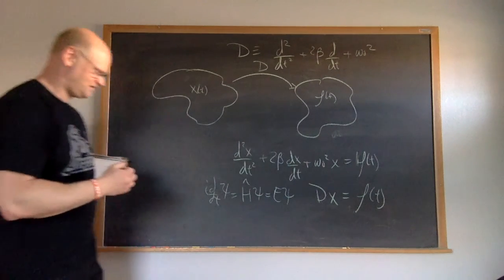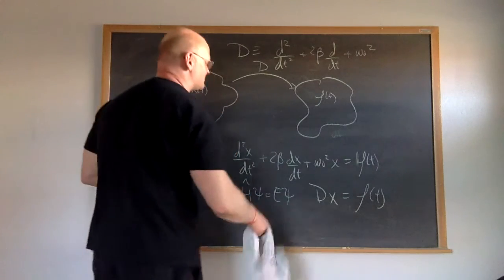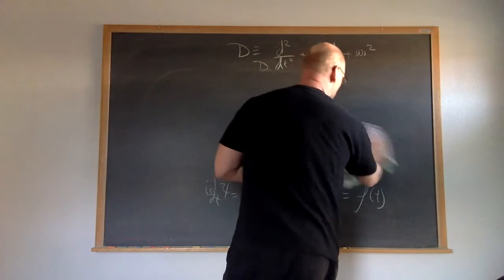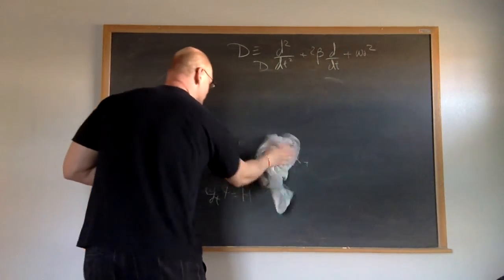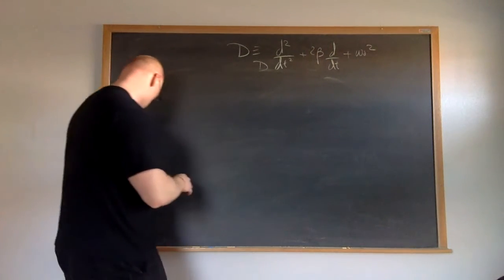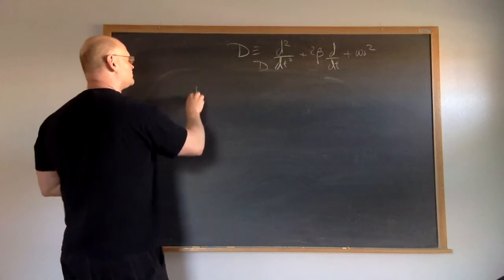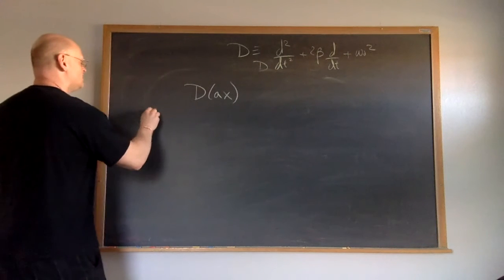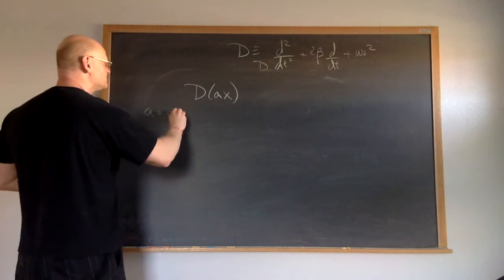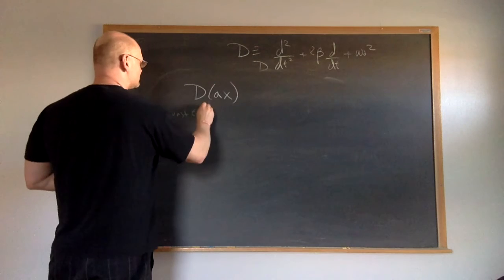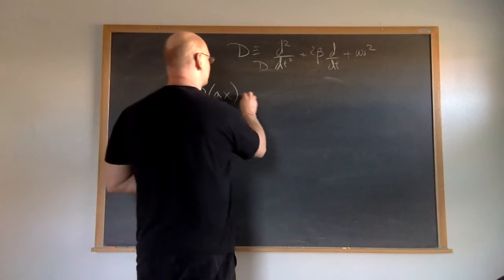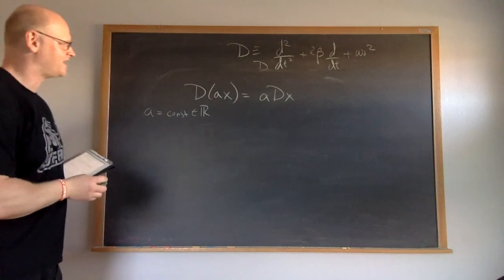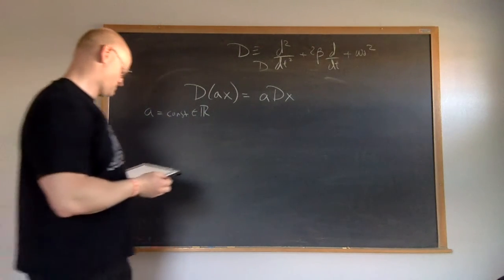Now, the nice thing about differential operators is they satisfy particular properties, and those properties have to do with linearity as well as superposition. For example, if I take my differential operator and act onto a constant times a function, where a is a real number, then this is simply equal to that constant times the differential operator acting onto the function.